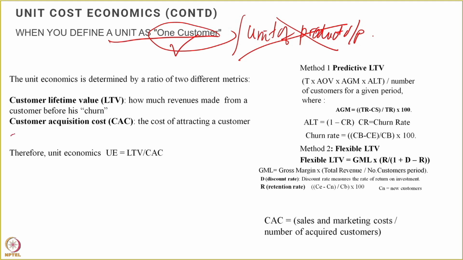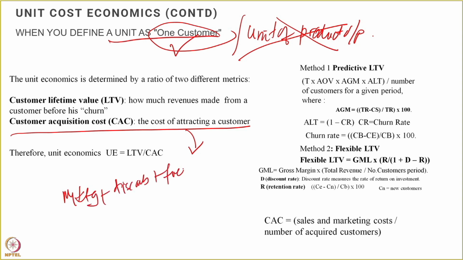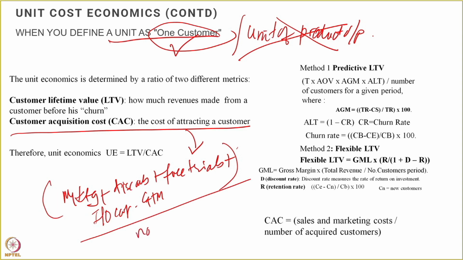This customer buys our service. The unit cost economics is now determined by a ratio. This ratio is of two different metrics. One is, when a customer is acquired, what is the cost of attracting the customer? Total cost of attracting the customer in terms of marketing, discounts, free trials, conferences, whatever, go-to-market expenses.